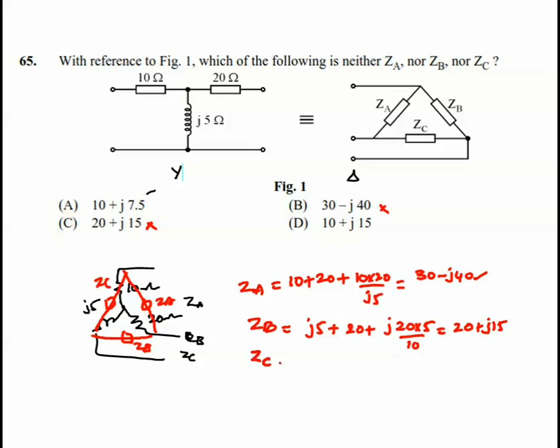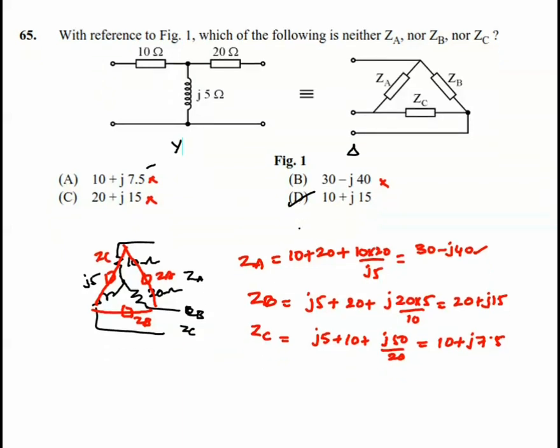And ZC we may get j5 plus 10 plus j50 divided by 20, that is nothing but 10 plus j7.5. This is also not the correct option, and the only option left, the correct option, is D, which is not ZA or ZB or ZC.